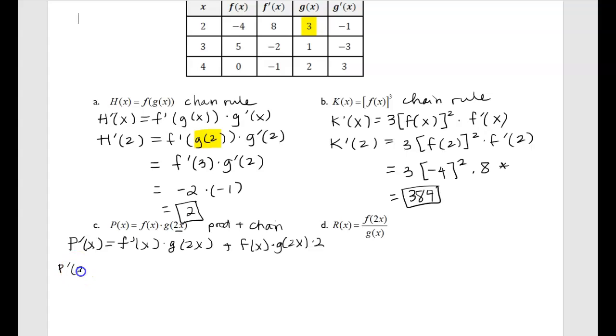Now I plug in. P prime of 2 means I have f prime of 2 times g of 4 plus f of 2 times, this should have been a g prime up here, times g prime of 4 times 2.